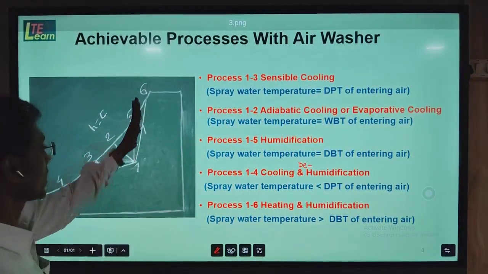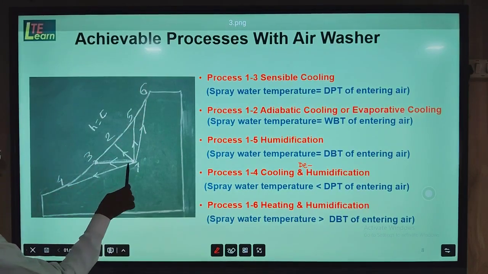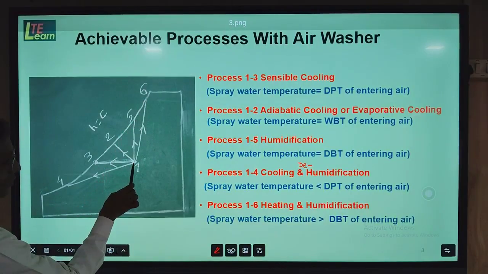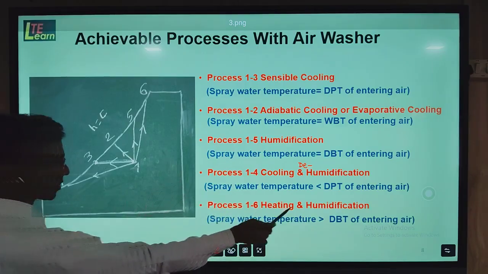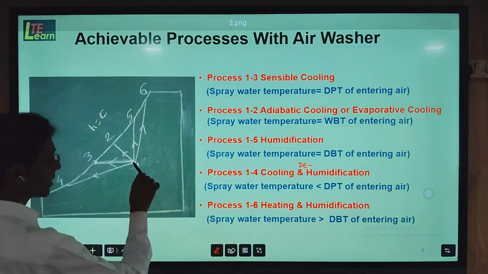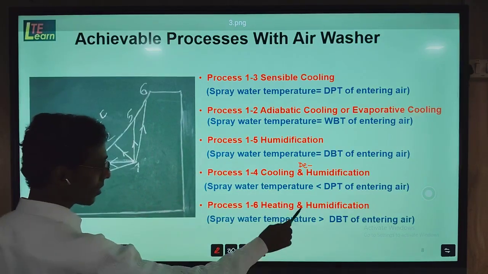And the process 1 to 6. In this process, the temperature of spray water is greater than the dry bulb temperature of the entering air. In this case, the temperature of the air will increase, and its moisture content is also increasing.